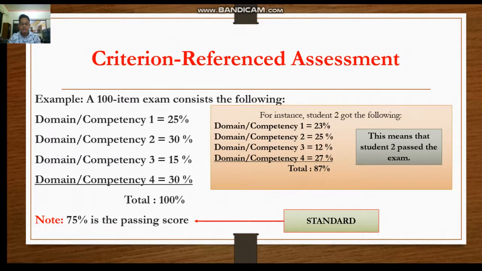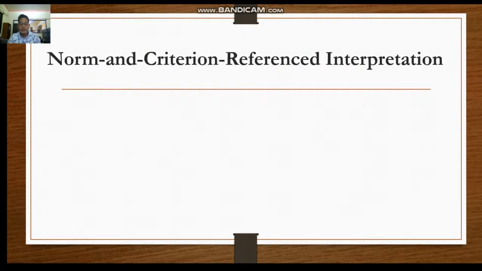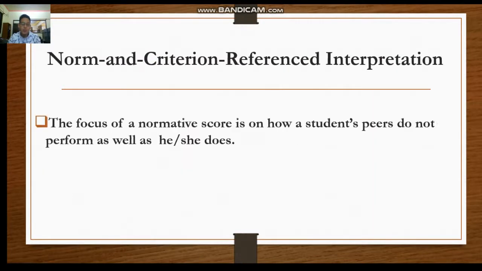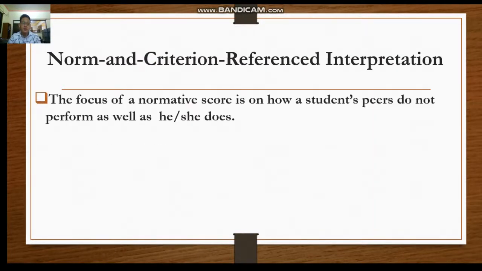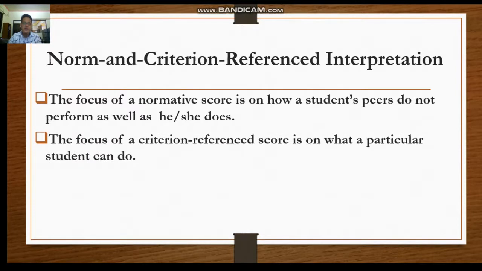Okay? So that's it, class, for norm and criterion reference. And if we are going to distinguish the two, norm reference or the normative score is focused on how a student's peers perform compared to how he or she performs. Again, we compare the performance of one student to his or her class. Okay? For criterion reference, the focus of a criterion reference score is on what a particular student can do.